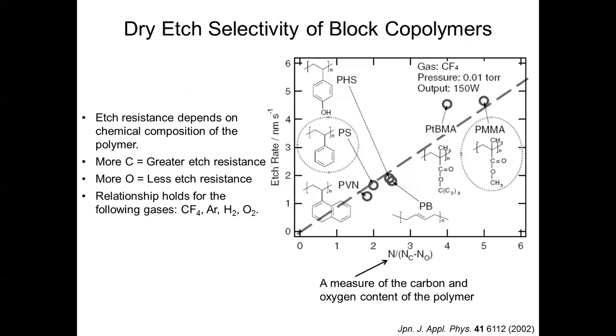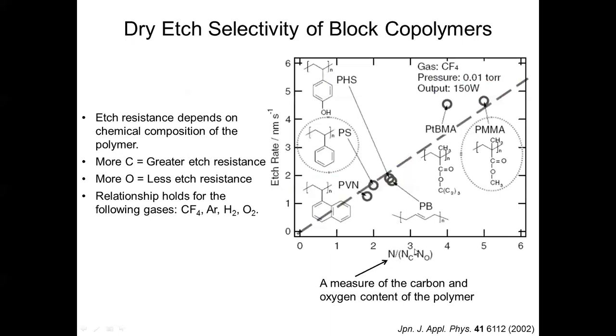So for example, what we would like to do is etch away either PS or PMMA. This shows us the etch selectivity. If we look at materials such as PS-PMMA, we have the etch rate here on our y-axis, and on our x-axis we have the measure of carbon and oxygen content in one polymer.